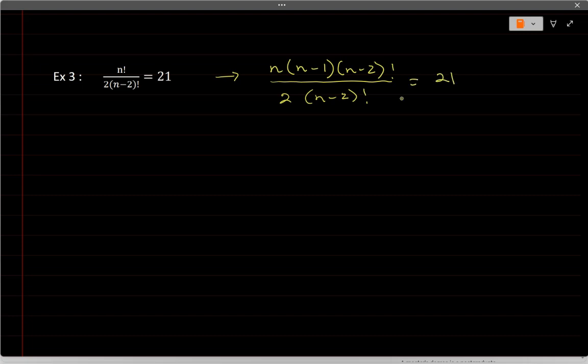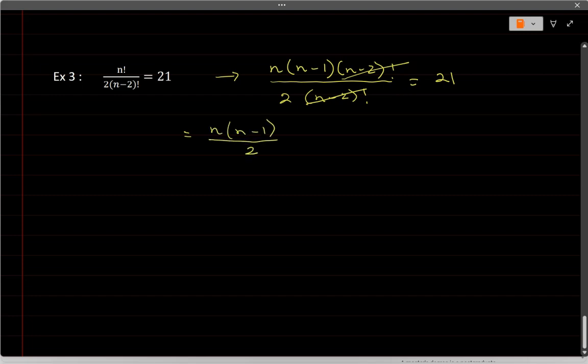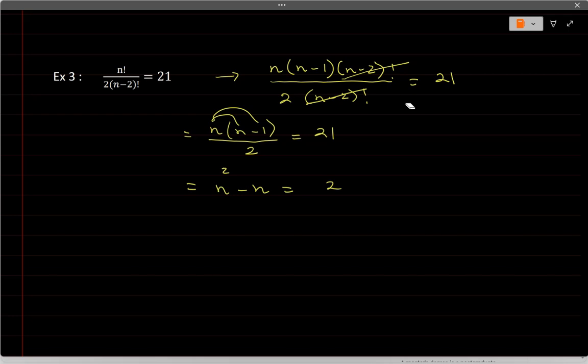All right, common factors, n minus 2 factorial, n minus 2 factorial, they divide, and then what you will get is n times n minus 1 divided by 2 equals 21. And then from this point on, you have to do the math: n squared, and then multiply through, minus n, equals 42.